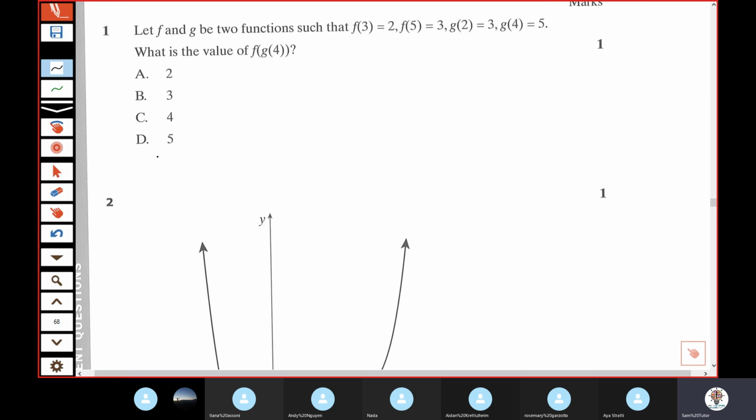What is the value of f of g of 4? Okay, well, I like that they were trying to be confusing. g of 4 equals 5, so you're just trying to find f of 5, but f of 5 is equal to 3, so the answer is 3.